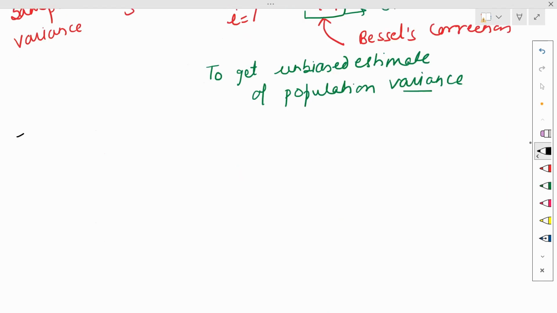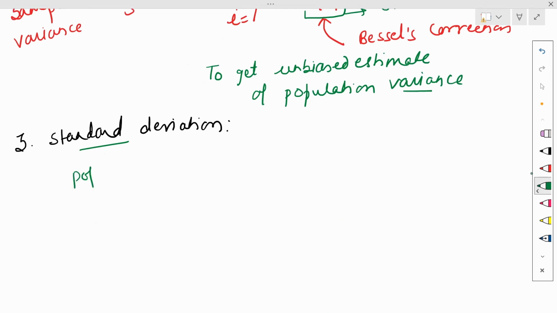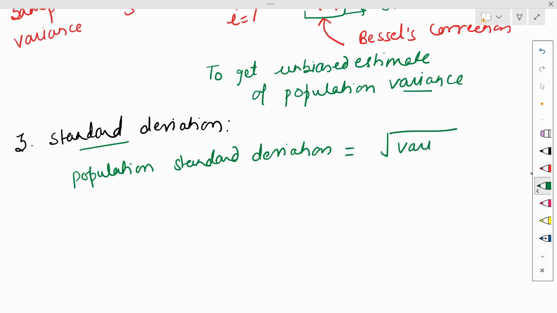The other measure of dispersion is standard deviation. Standard deviation is derived from the variance only. So if we talk about population standard deviation, its formula is square root of variance, and this is denoted by sigma.